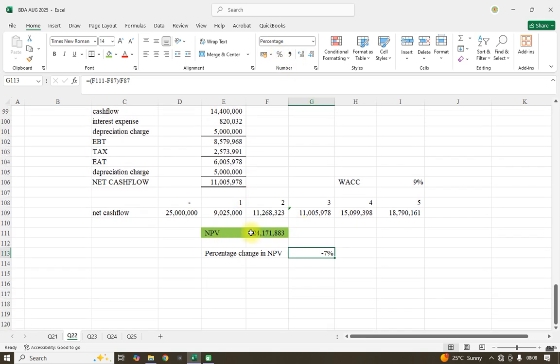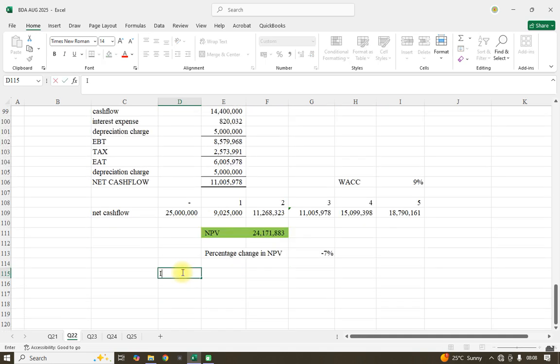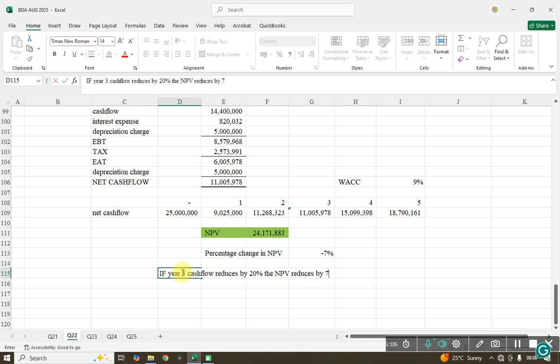So that means if year 3 cash flow reduces by 20%, the NPV reduces by 7%.